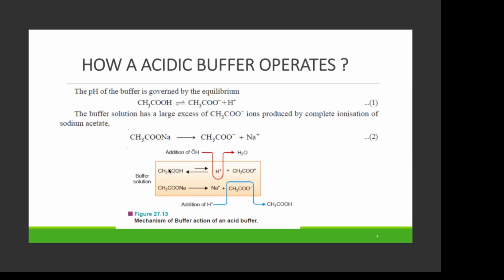Okay, so we are talking about the acidic buffer, right? So in an acidic buffer, there will be an acid. Okay, so this is the acid, and as it is a weaker acid, that means it will dissociate less, okay, clear?